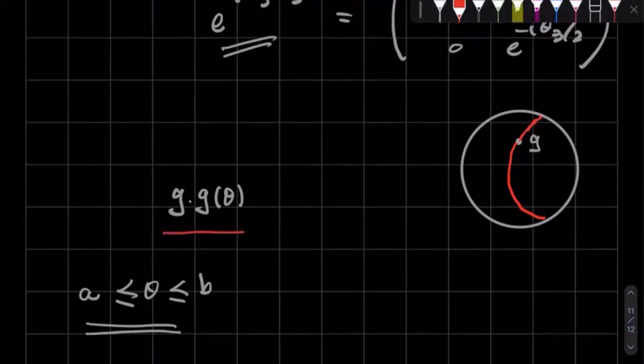So groups have all these very nice properties that just by applying them, we can generate curves on manifolds. At some point, we will explore those meanings, when we come to the geometry of Lie groups and their application to differential geometry.